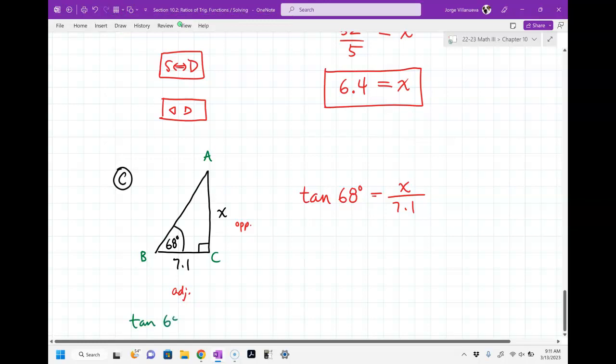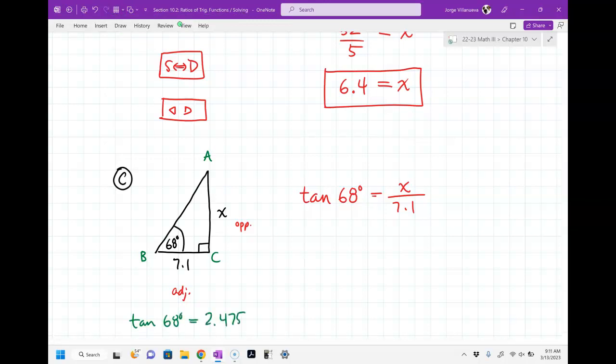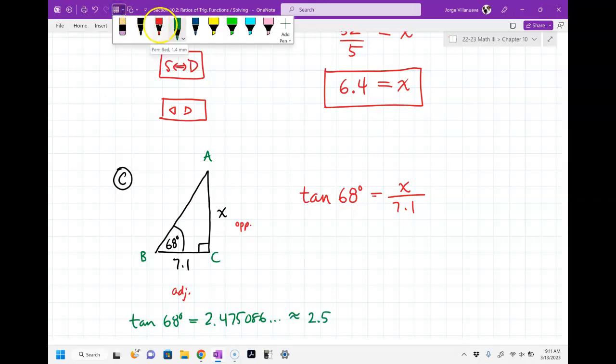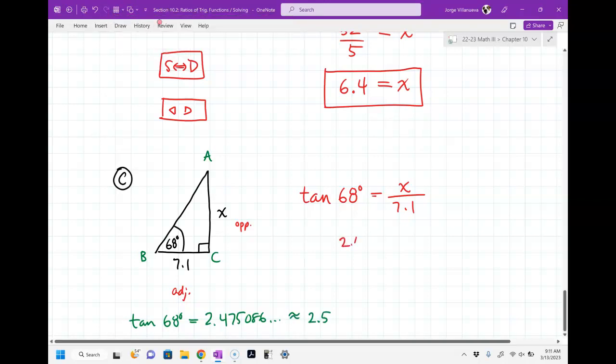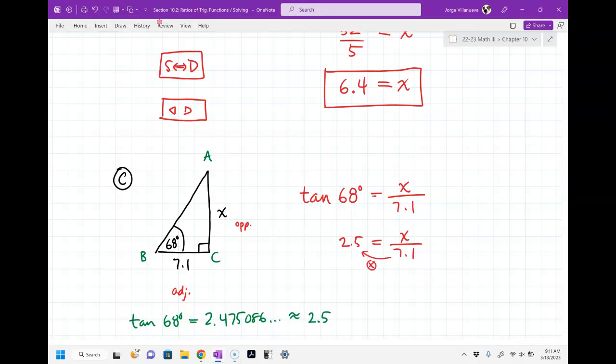Tangent 68 degrees is 2.475086, etc., which is approximately 2.5. So 2.5 is equal to x over 7.1. Just multiply 2.5 times 7.1, and you'll get 17.8. And that's what you guys have for homework.